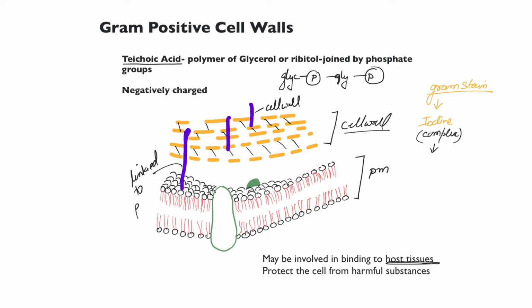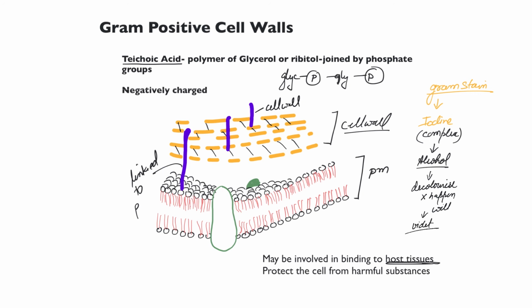Further, we add alcohol. Alcohol is assumed to close the pores of the peptidoglycan wall. This helps in preserving the stain in the cell wall and membrane. So when we try to decolorize, the decolorization does not happen well, because the stain is very tightly locked in, and finally they will look violet.